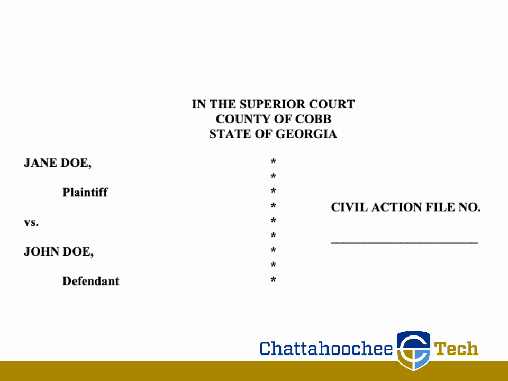You can have an incorrect court name. You might have something like Georgia State Court. No, Georgia State Court doesn't exist. It is like the State Court of Fulton County. That exists, but not the Georgia State Court.